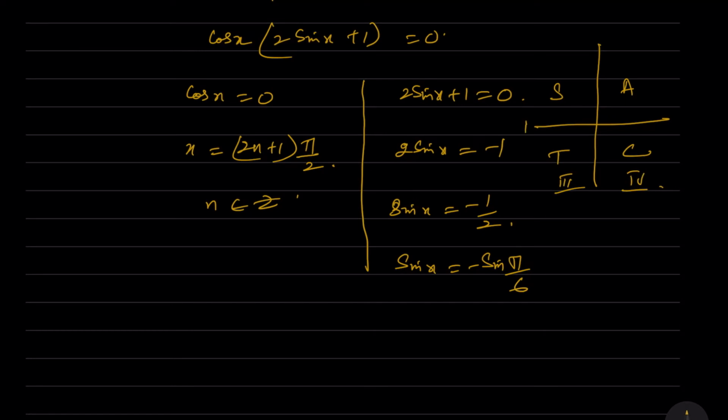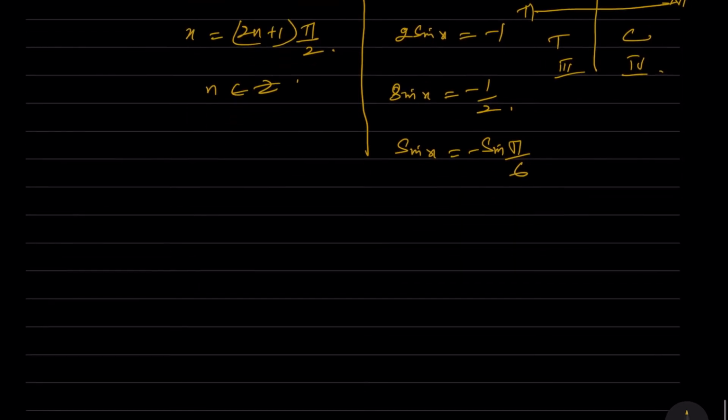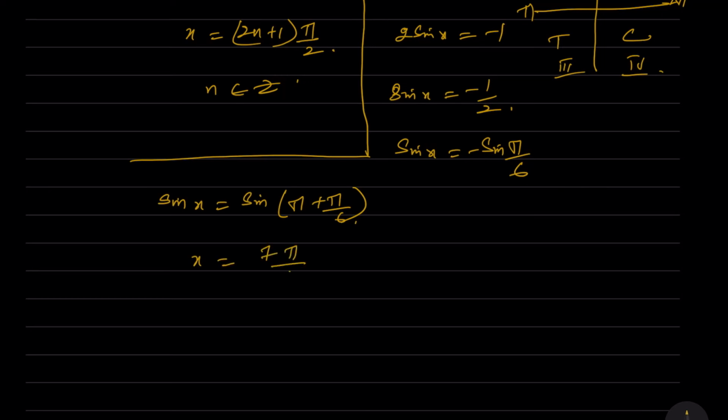So in the third and the fourth quadrant sine is negative. So this can be pi plus theta or 2 pi minus theta, because you'll get back the same. Therefore you can write sin x is equal to sin of pi plus pi by 6, which gives x is equal to 7 pi by 6.